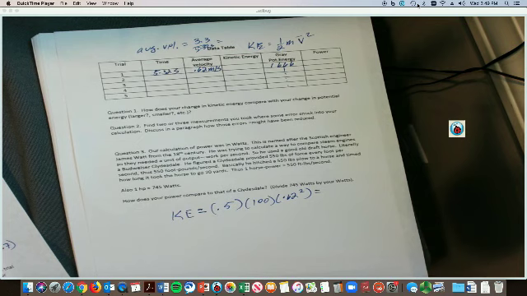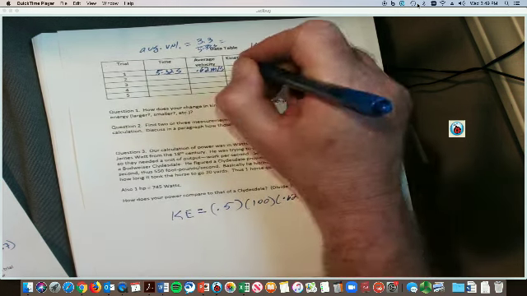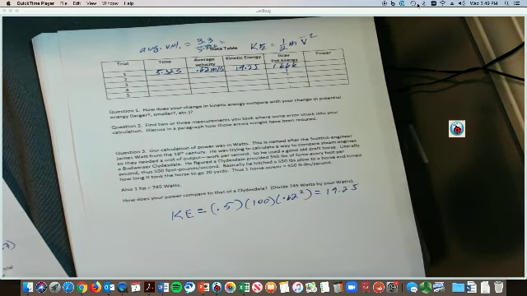Now this is going to be laughable compared to the potential energy: 19.2 joules.